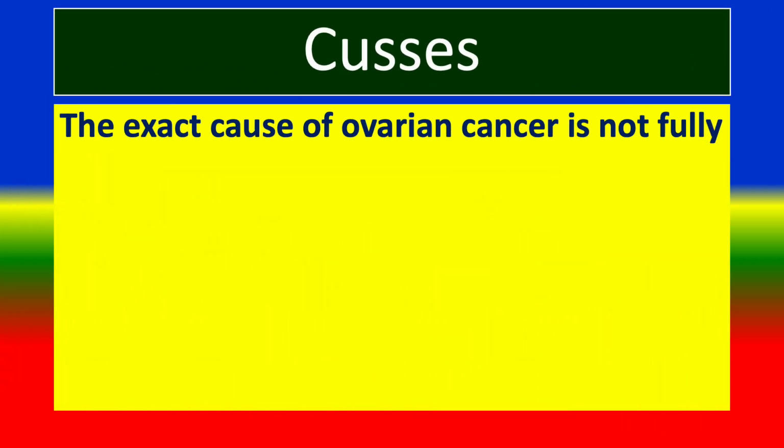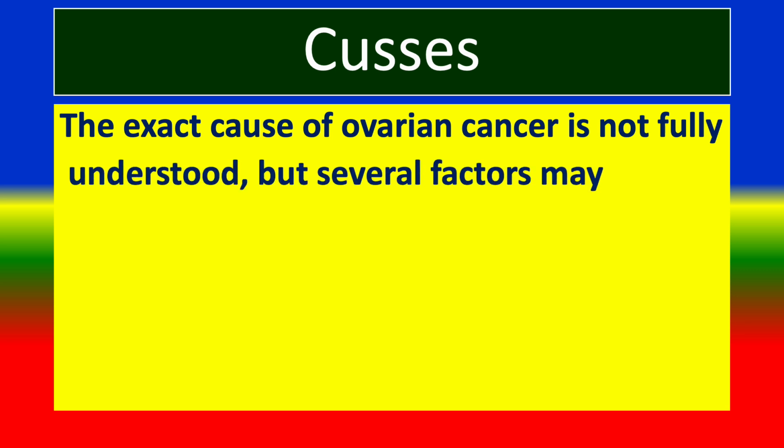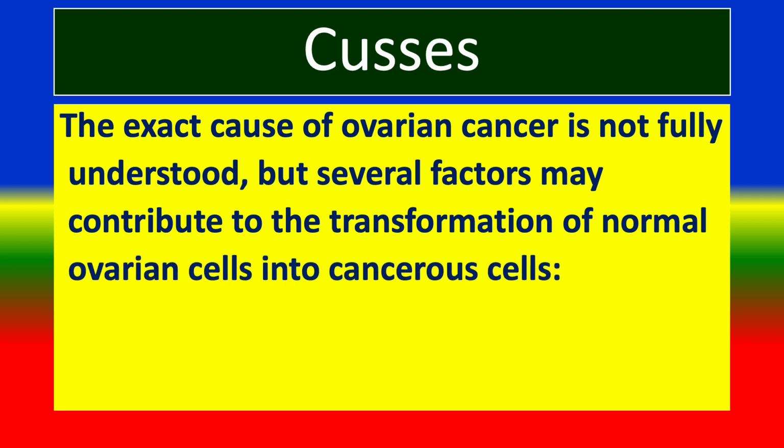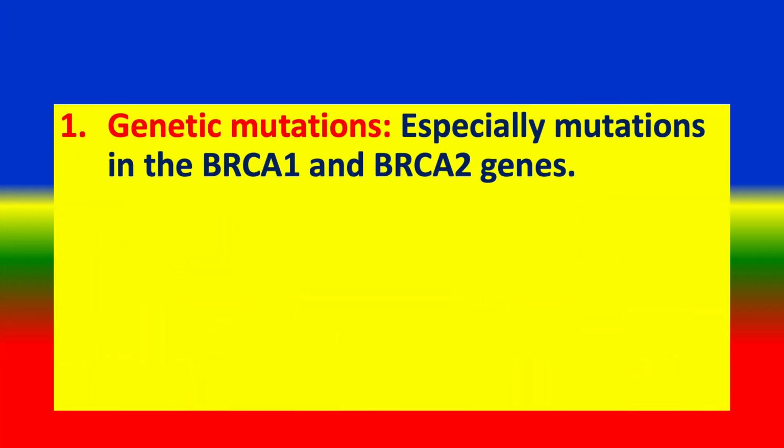Causes of ovarian cancer. The exact cause of ovarian cancer is not fully understood, but several factors may contribute to the transformation of normal ovarian cells into cancerous cells. 1.